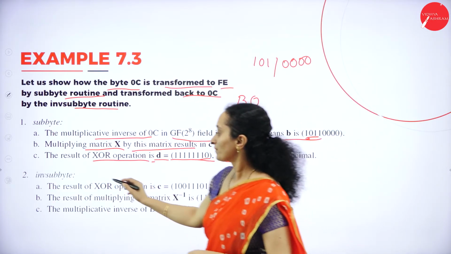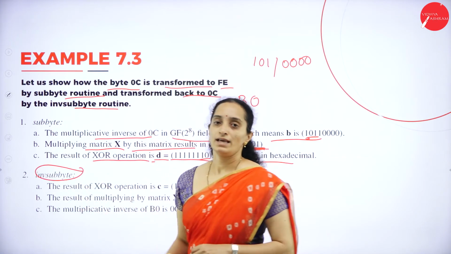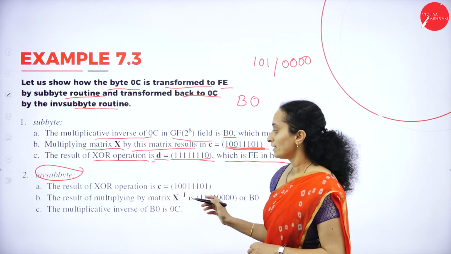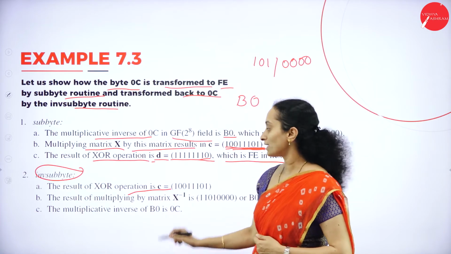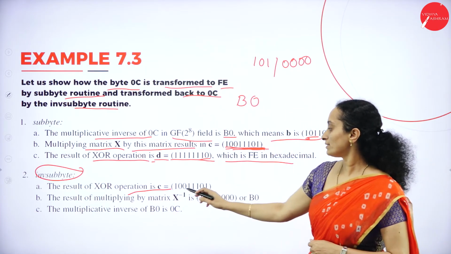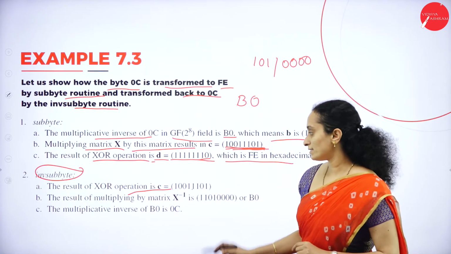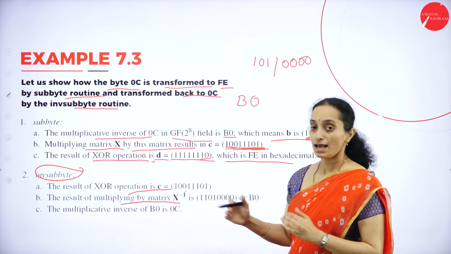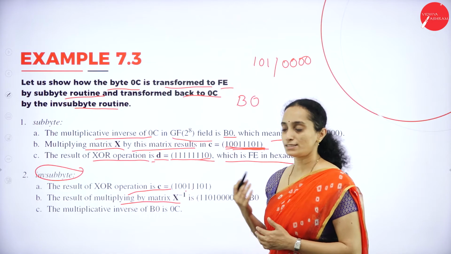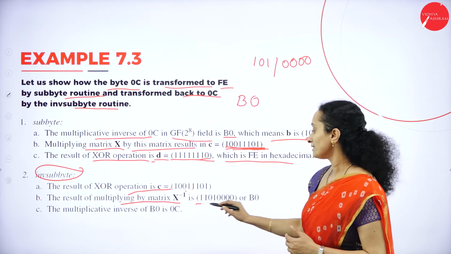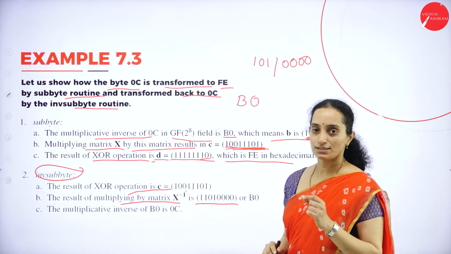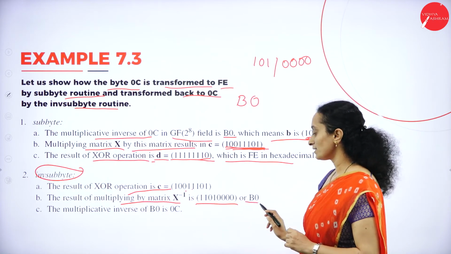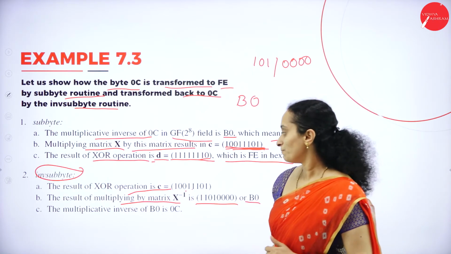Next is the procedure of invert sub byte. The result of the XOR operation in C is 1001, 1101. So the result of multiplying by matrix X inverse, so X inverse will be used, is 1101, 0000, which is represented as B0.